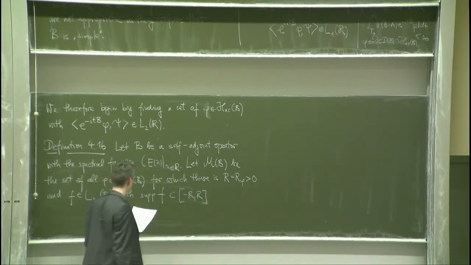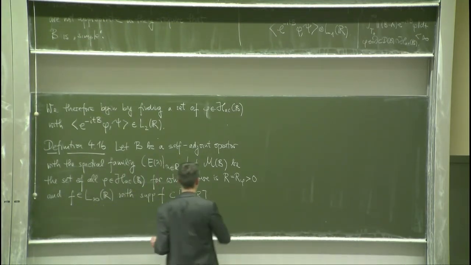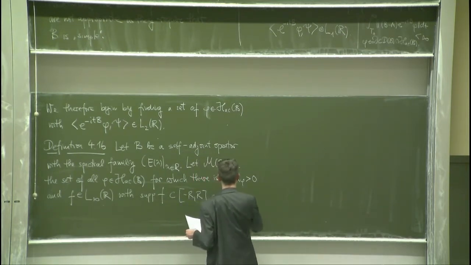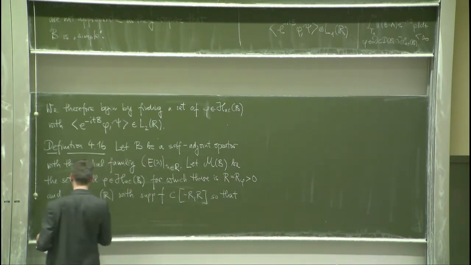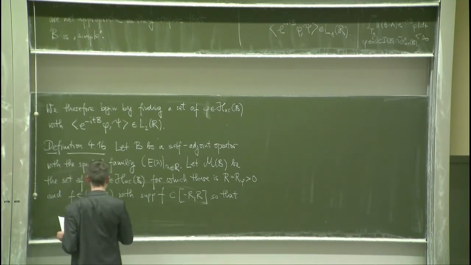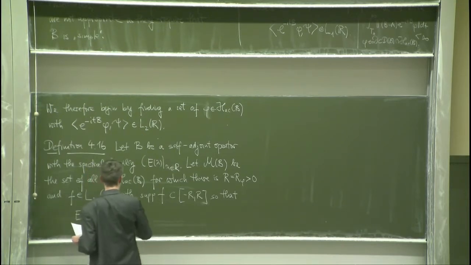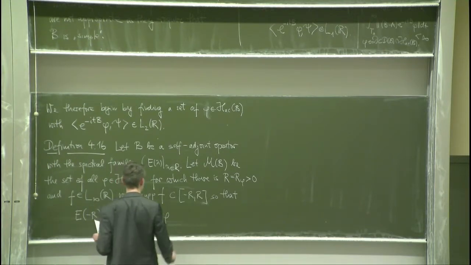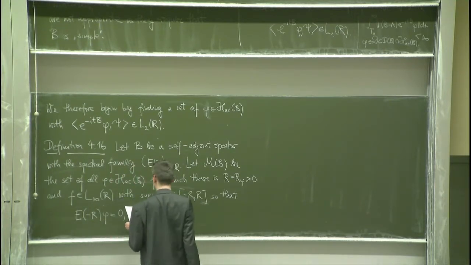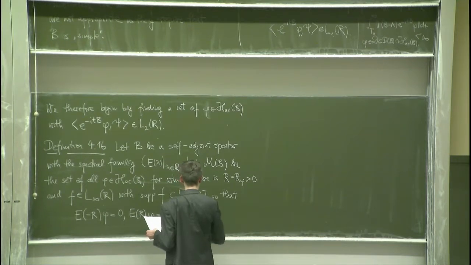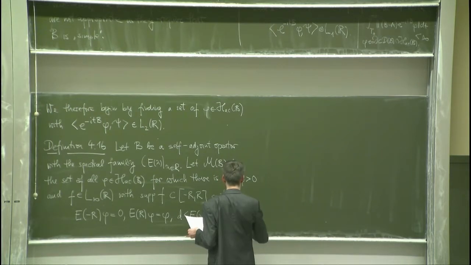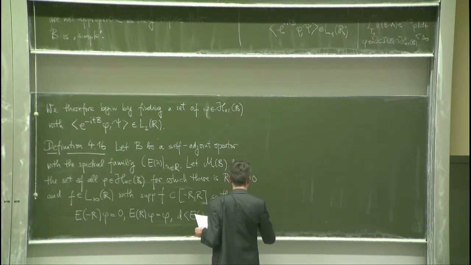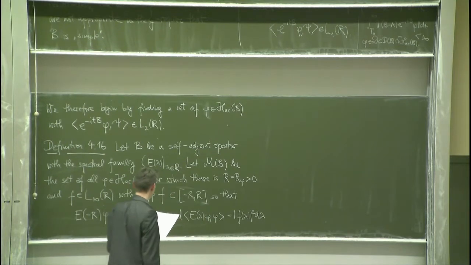So it's compactly supported so that we have that the spectral projection at minus r applied to phi is equal to 0, the spectral projection at r applied to phi is equal to phi, and such that the spectral measure corresponding to phi is simply the absolute value of f to the power of 2 d lambda.